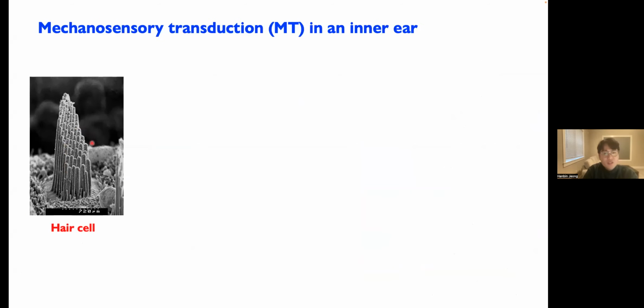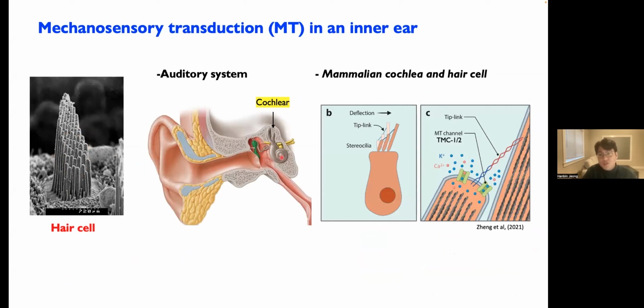And this all begins with the sensory hair cells. The sense of hearing occurs through the cochlea in the inner ear, which has specialized receptors called hair cells. There are stereocilia at the top of the hair cells, and each stereocilium is connected by the tip link structure.